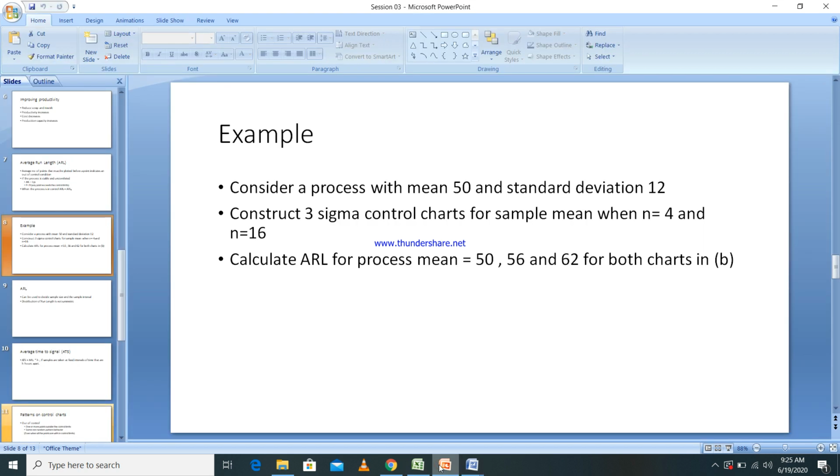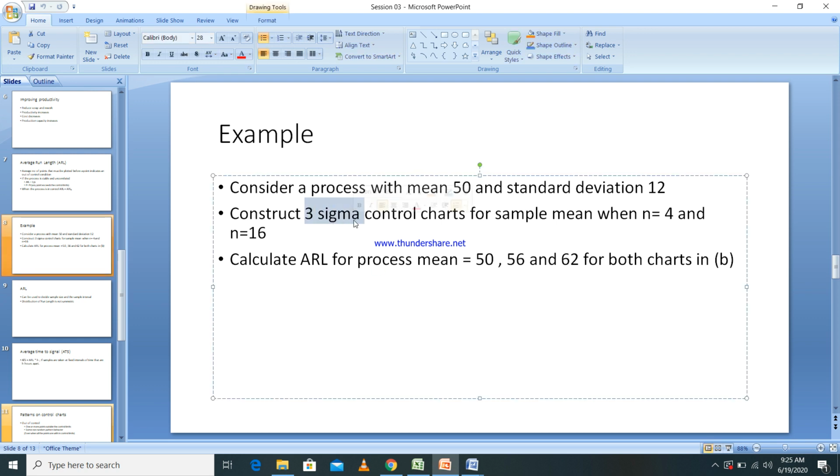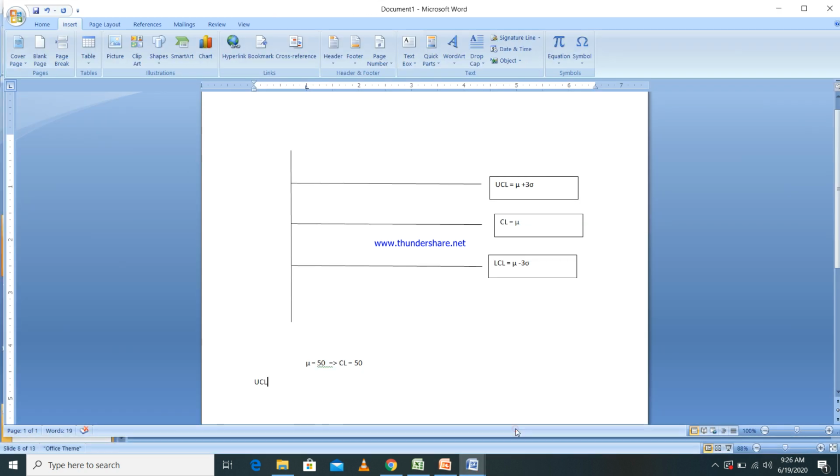If you have a look at the question, it's asking you to construct a 3 sigma control chart. When constructing the 3 sigma control chart, you have to use this equation, mu plus 3 times sigma. If they ask you for a 6 sigma control chart, you use mu plus 6 sigma.